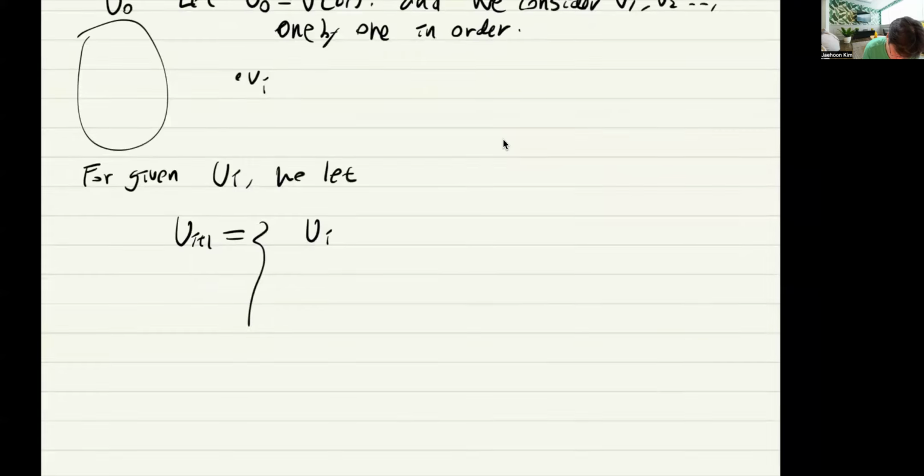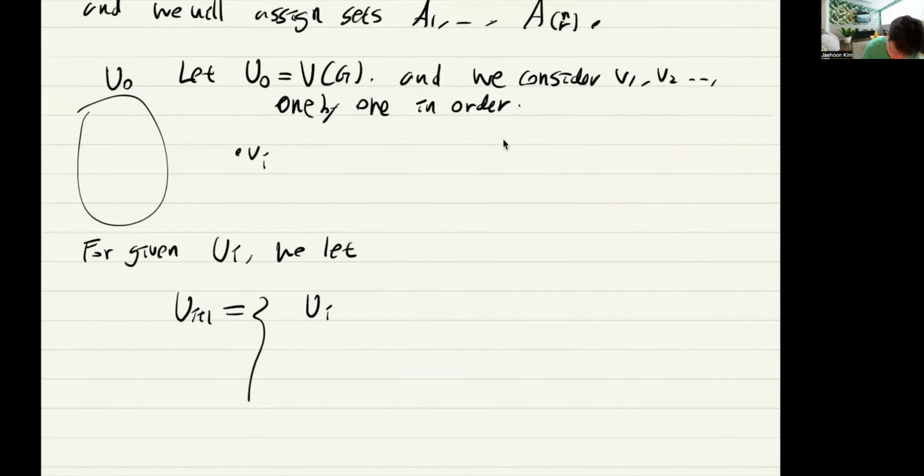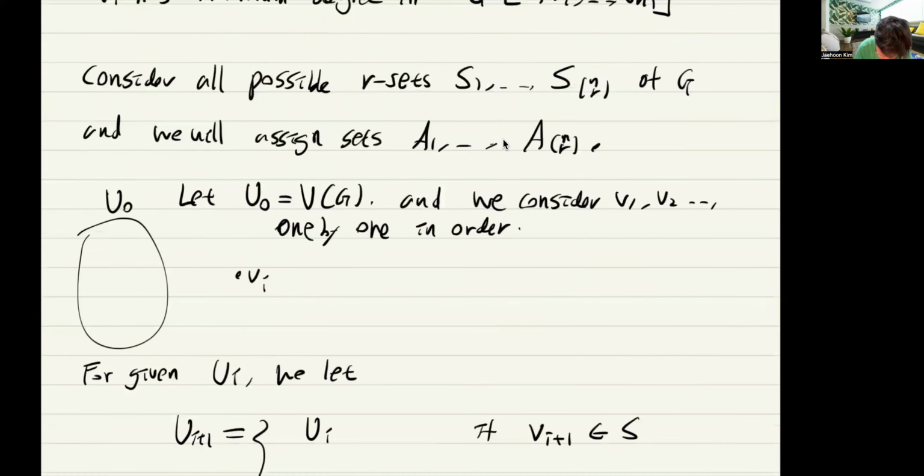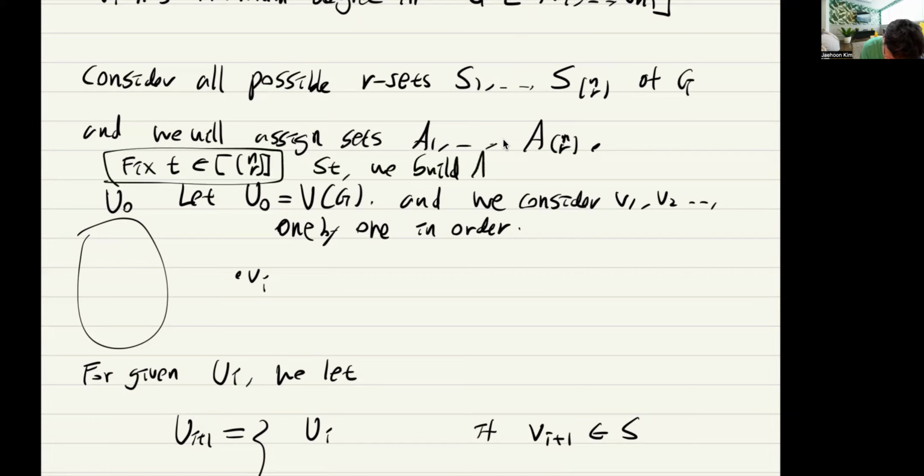And then if this B1 is in U0, no, sorry, consider Bi plus 1 is in F. So let's say fix T. And for given FT, we build AT.